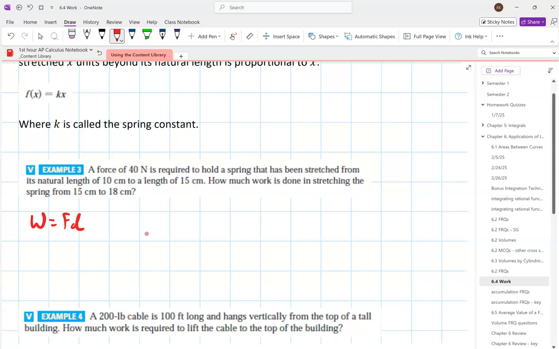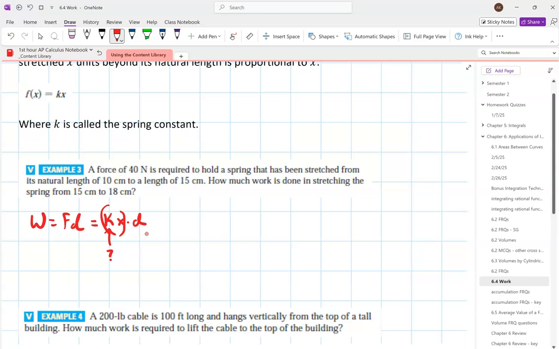Well, we're still going to be calculating work as force times distance. But in this case, that force is kx times d. So first order of business is to find that k.